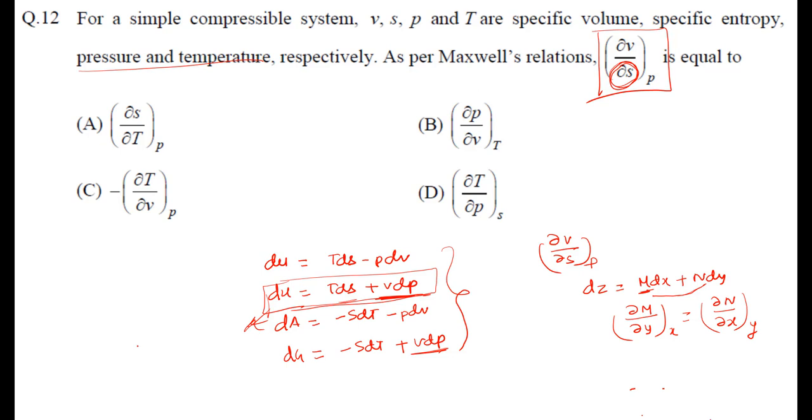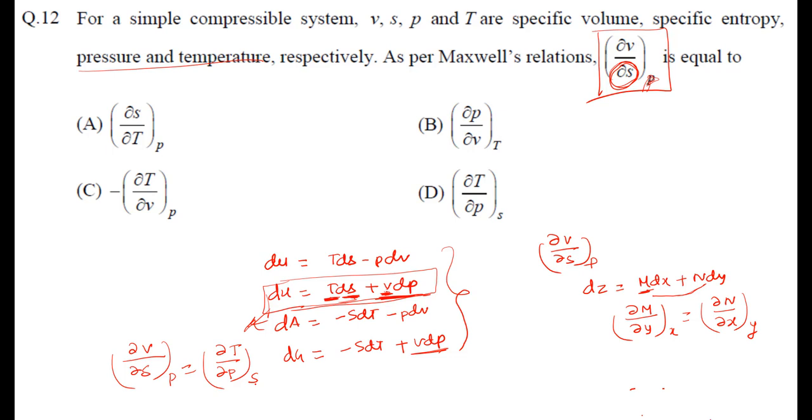So that means it will be delta V by delta S, and here dP is there, and that's why it is asking about the constant pressure. So it will be P. This will be delta T by delta P, and what will be the constant?